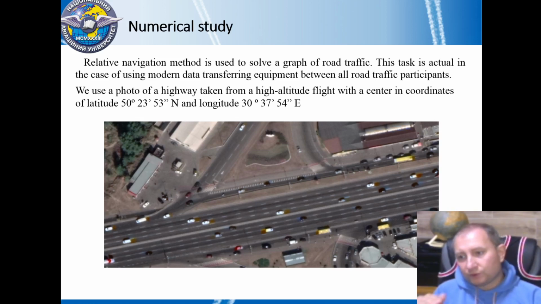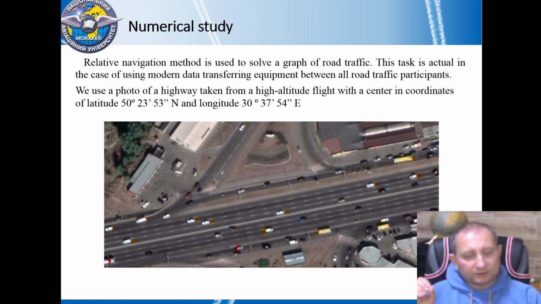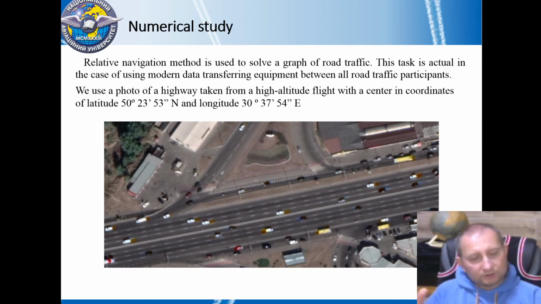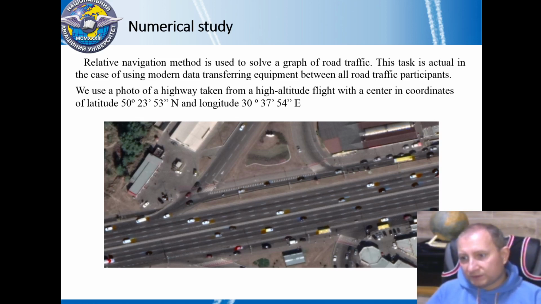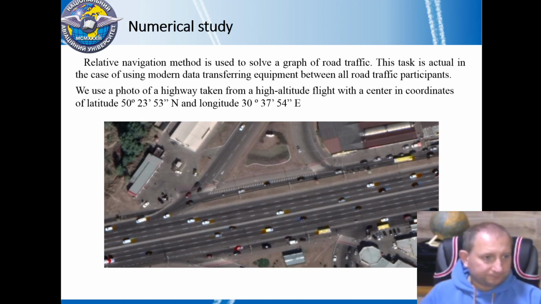That's why we use a UAV with a specific camera which can tune optics, and then we use the data of UAV location and the optics performance to count latitude and longitude of each point on this picture.